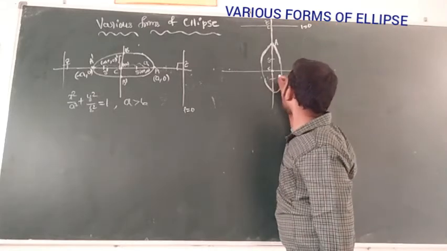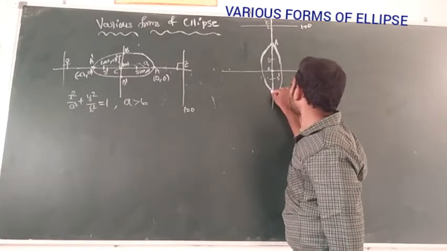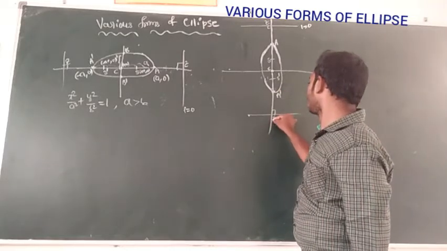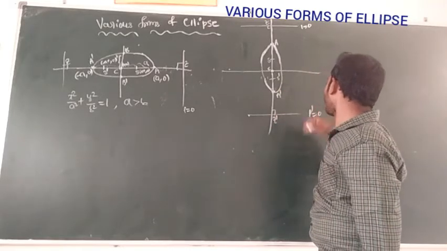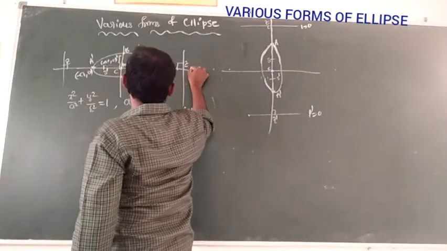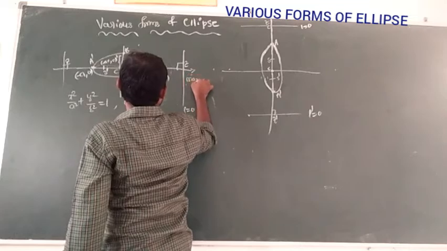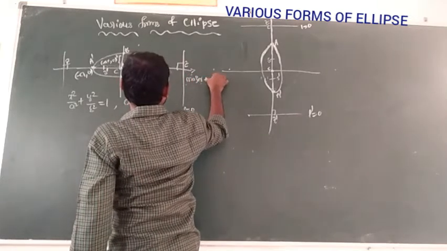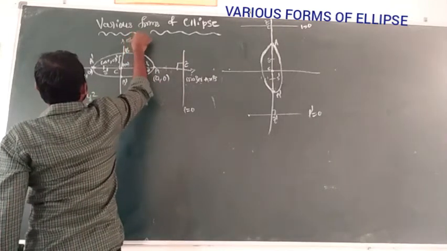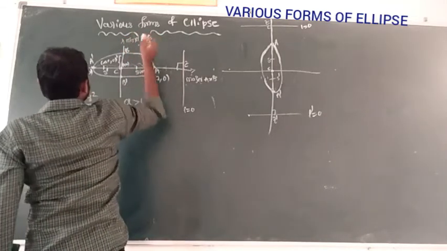Here also a focus S dash, vertex A dash, and foot Z dash, and this is L dash equal to 0. Here this is the major axis and this is the minor axis.